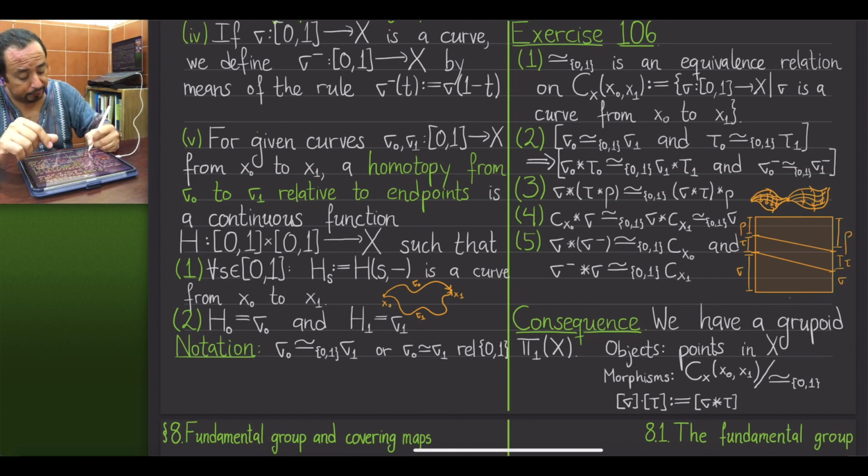Right, so the morphisms from a point x0 to a point x1 are all the curves from x0 to x1 taken up to homotopy relative to endpoints.